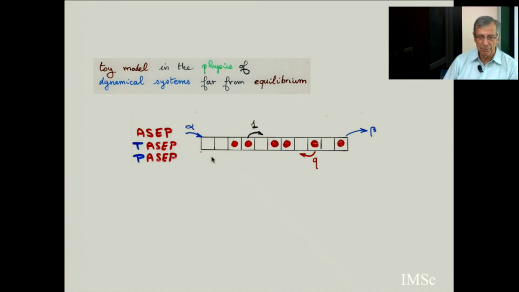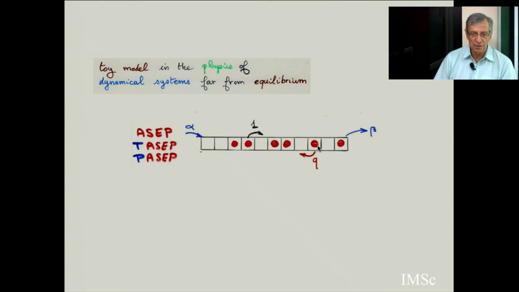So the PASEP, in fact, is a dynamical system. You choose at random one of the separations, one of these vertical lines. Suppose I choose this one at random. And then if you can move the particle from this to this, you move it with probability 1.